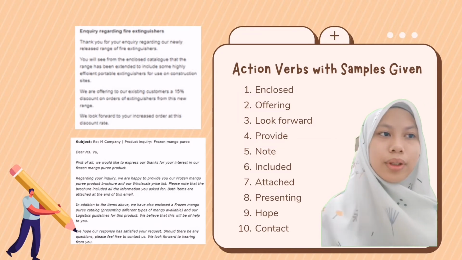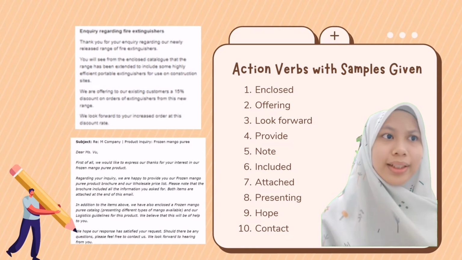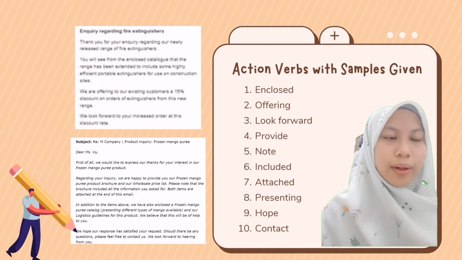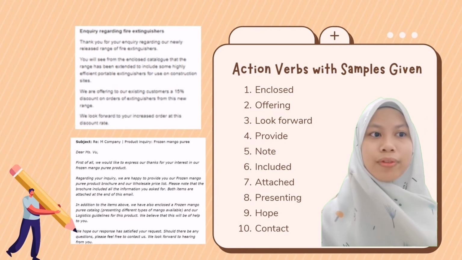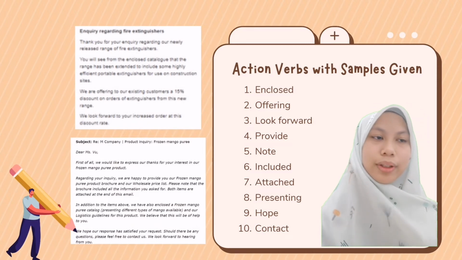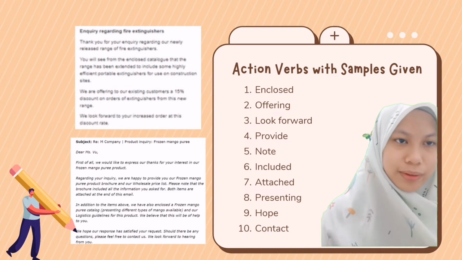So it says, you will see from the enclosed catalog. And then the second word is offering. Basically it says that we want to offer something, which from sample one is that they want to offer existing customers a 15% discount.